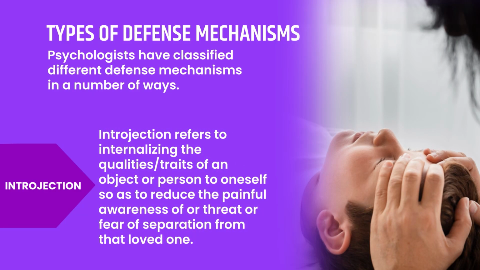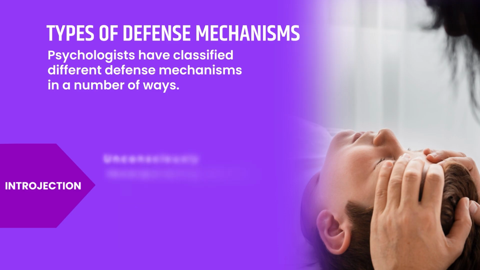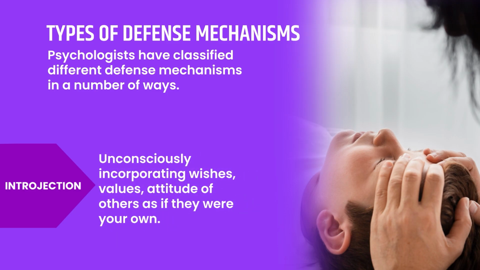Introjection refers to internalizing the qualities, traits of an object or person to oneself so as to reduce the painful awareness of or threat of fear of separation from that loved one. Unconsciously incorporating wishes, values, attitudes of others as if they were your own.